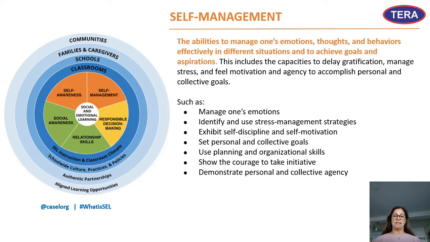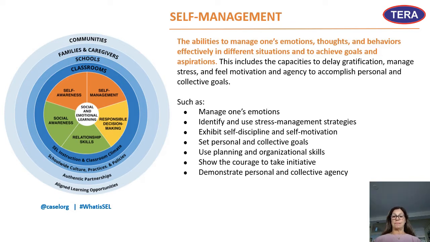As we move on to the second of the 5 interrelated areas of competencies for social emotional development and social emotional learning for mindful leaders, let's start thinking about self-management. Self-management on the castle wheel speaks to our abilities to manage our emotions, thoughts, and behaviors effectively in different situations and to achieve our goals and aspirations.